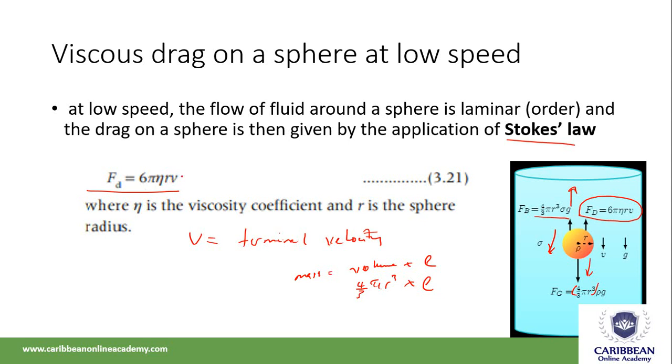So that's what Stokes' law is in a sense, and it has to do with the frictional drag force when the object is moving at very low speed. It's not moving fast, and this is just due to the viscosity of the fluid.